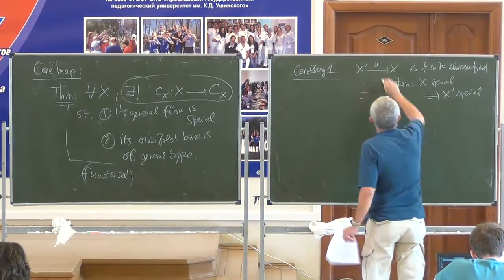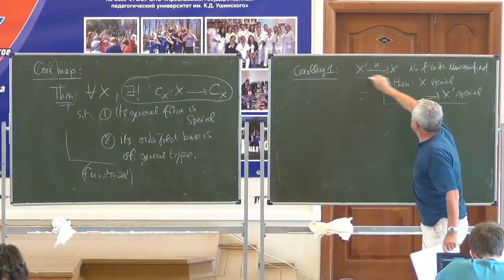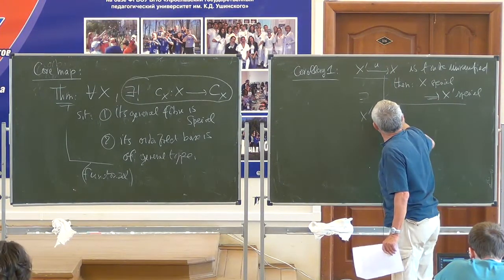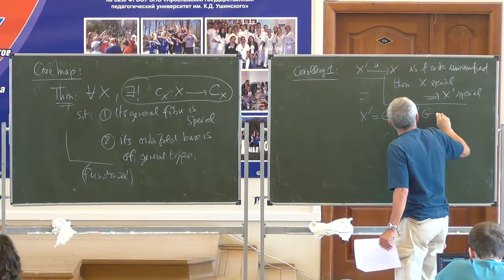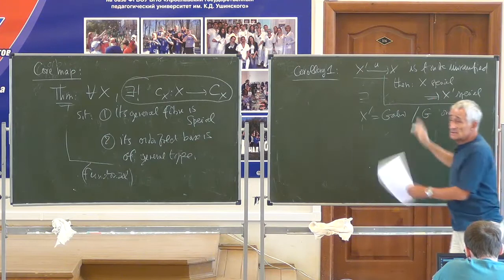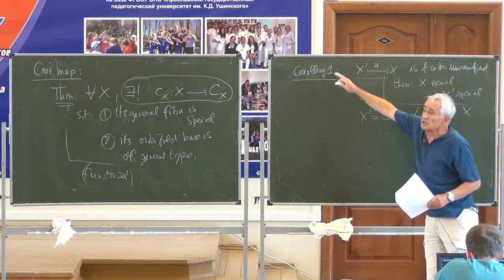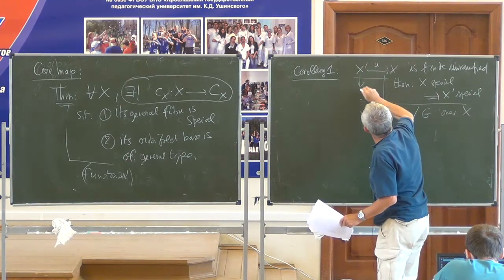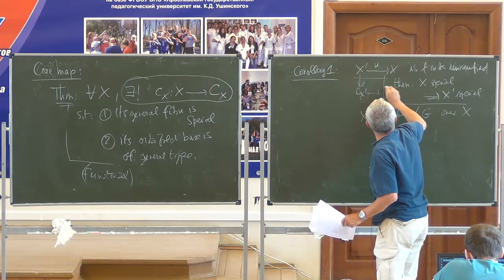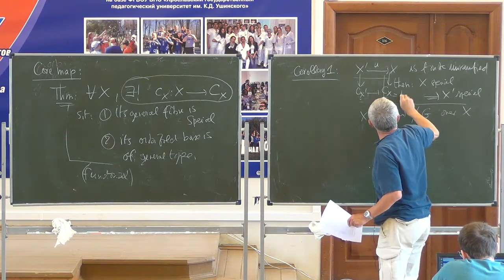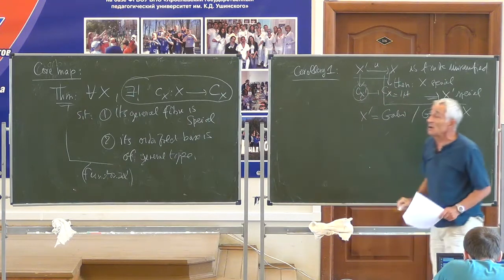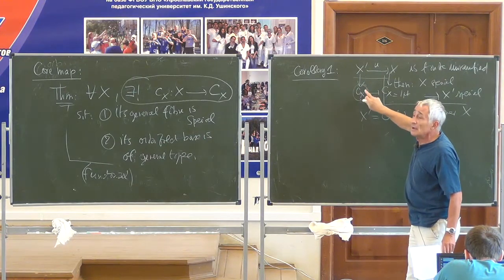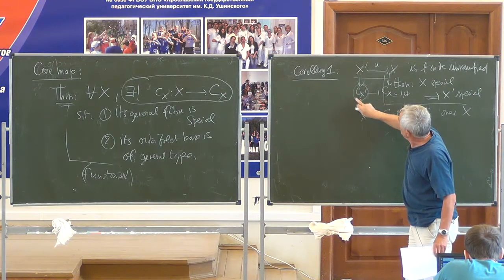Let me explain why this is true. Essentially, I can assume that X prime is Galois of group G over X, so X is just the quotient. You can make a further base change to make this Galois. If this is Galois, then by the uniqueness, we have the map going to Cx prime, and here we have the map going to Cx, which is one point. We want to show that Cx prime is one point also. So assume that this is not true, so that this is of positive dimension.